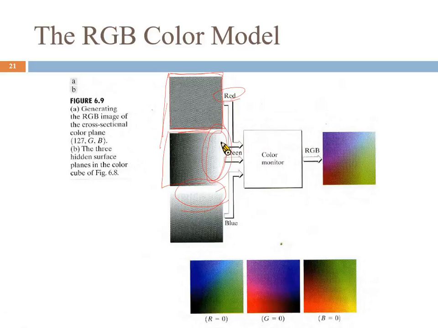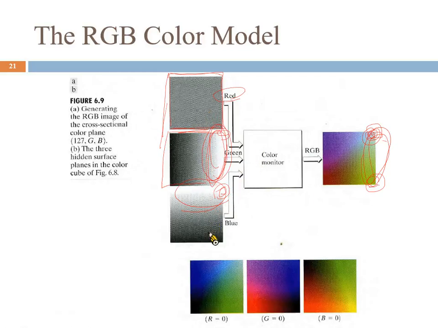We can see that on the right border, because of the high intensity on green, we perceive green, and on the right top corner, we have a mix of green and blue. So we get cyan here. You can see that this is an example of combining different settings of RGB.